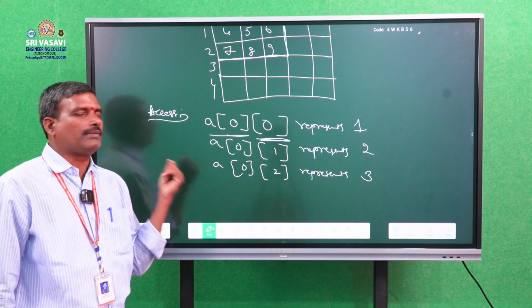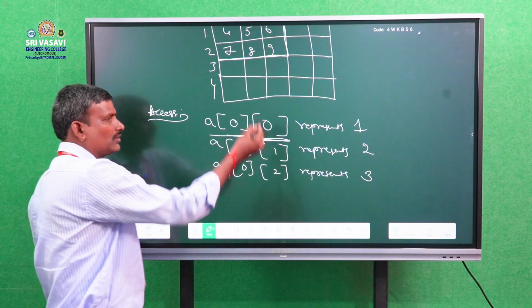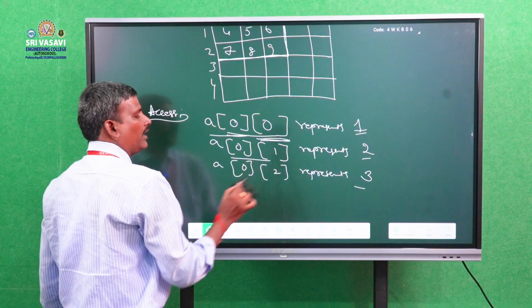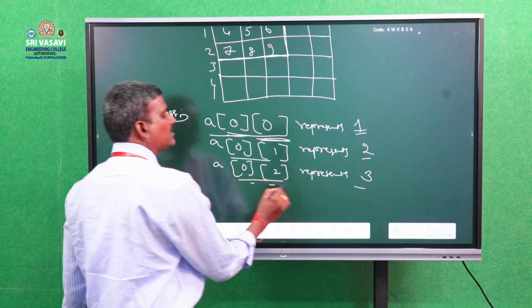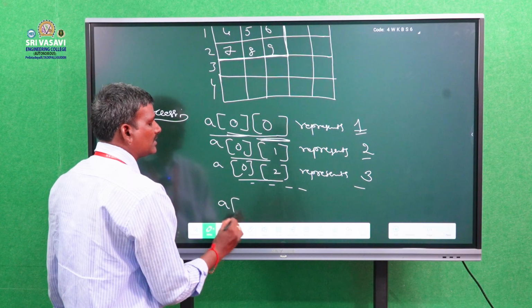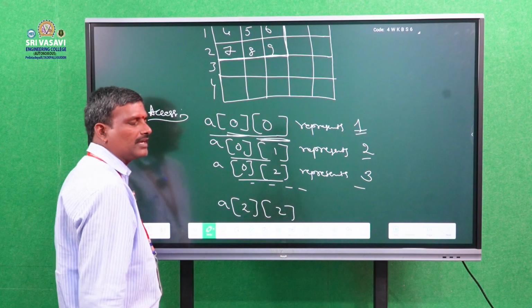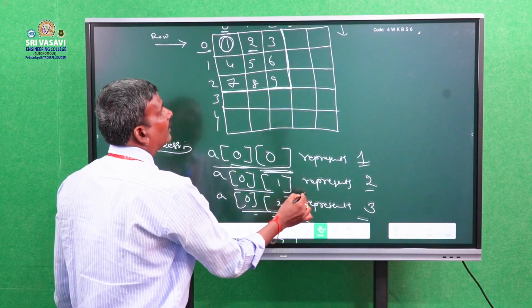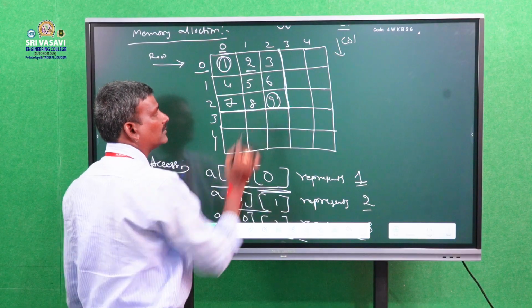Why? Because in a 3 by 3 matrix, the first row contains 3 elements. Those three elements are represented like this: A of 0, 0, A of 0, 1 and A of 0, 2. Okay, like this all the elements in the array are represented. The ninth element, the last element, means the value number 9.